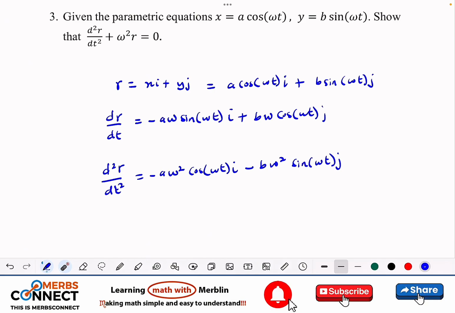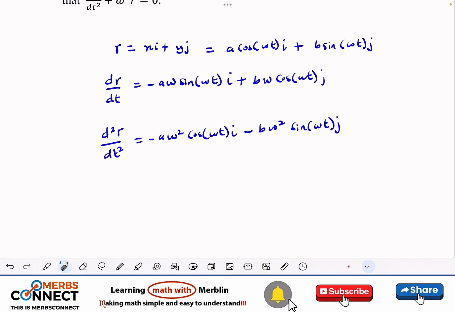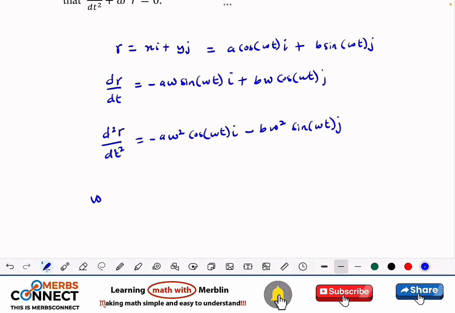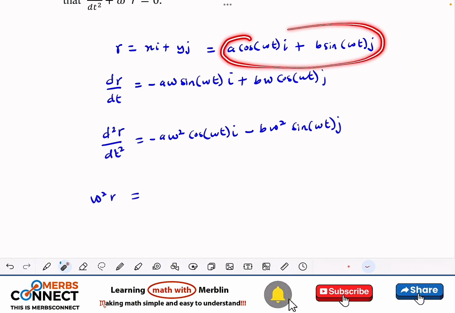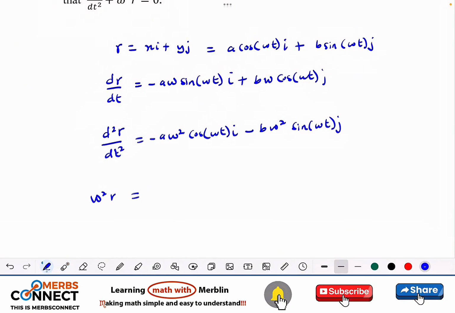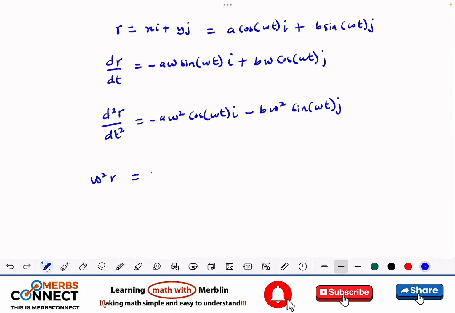Now what I need to do is multiply omega squared to this and see if when I add to this, I'm going to get 0. So let's look for omega squared r. So this is my r. Let's multiply through by omega squared. So I'm going to have a omega squared cos omega t i plus b omega squared sine omega t j.